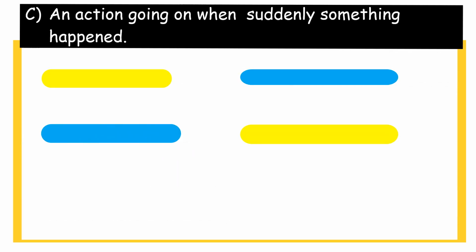Leave a line, we move on to C. C, past continuous tense is also used to show an action going on when suddenly something happened.